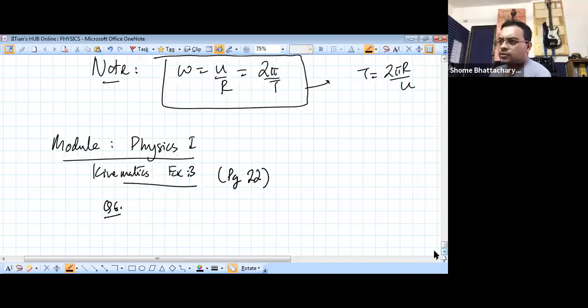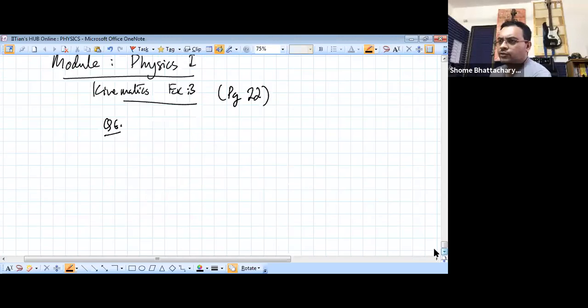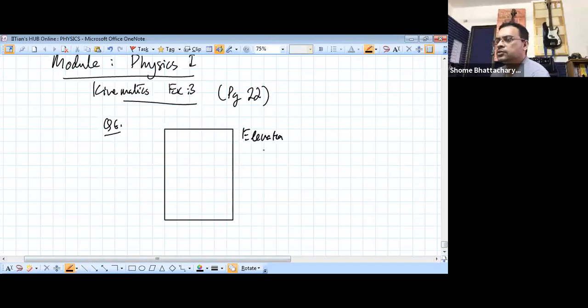What you have to be careful about in this type of question is that the acceleration of the stone has been asked. So with respect to what will we find the acceleration? Because see what is happening here. The elevator is going up with an acceleration a. And the stone is released in the elevator, let's say.